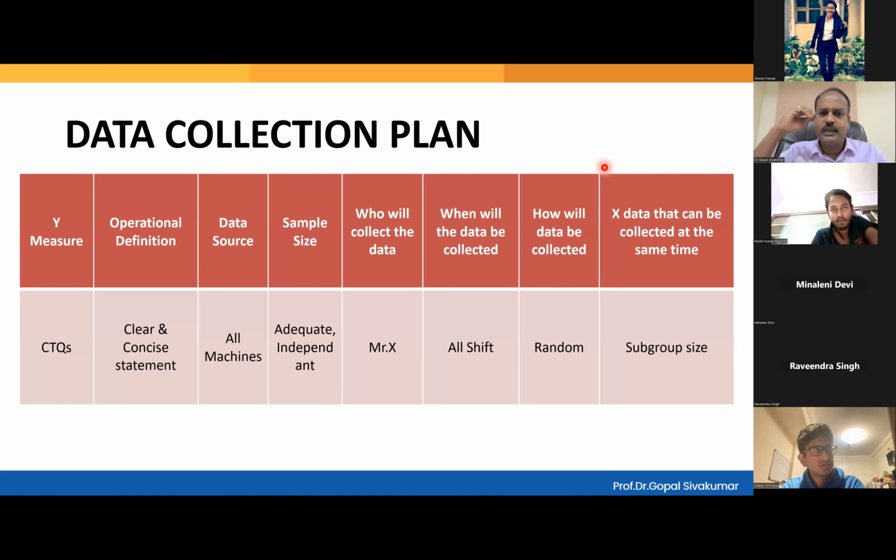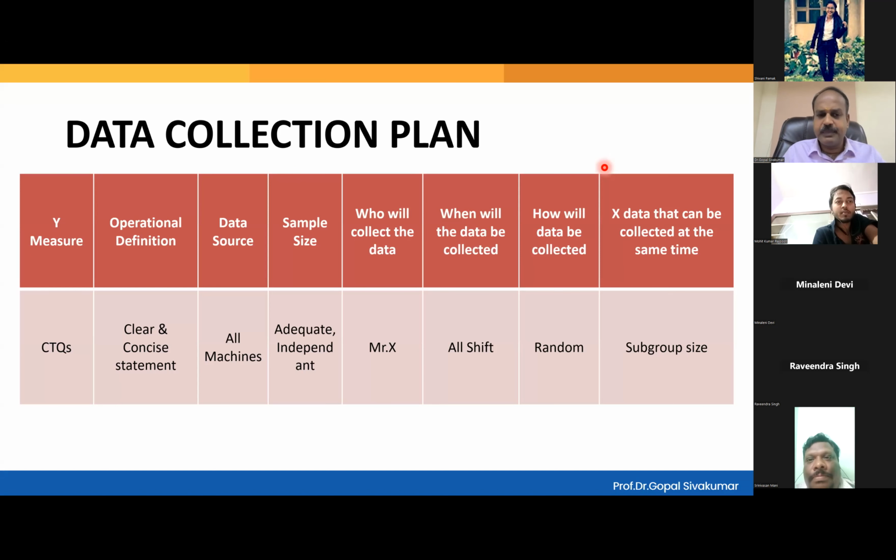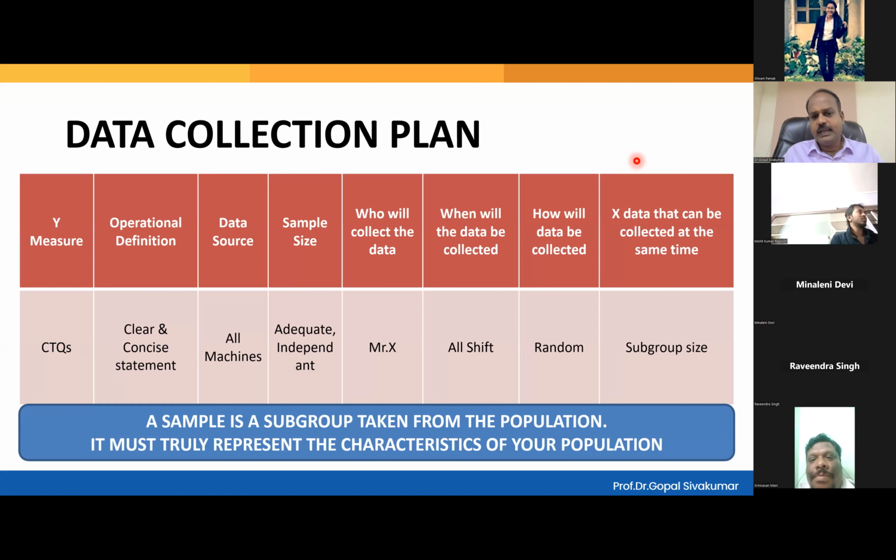Already I told you the rule is more is better, right? Always when you want to take a sample, take multiple samples. Never go with one. Always take two samples, maximum 25 samples, 2 to 25. So this is called a data collection plan.